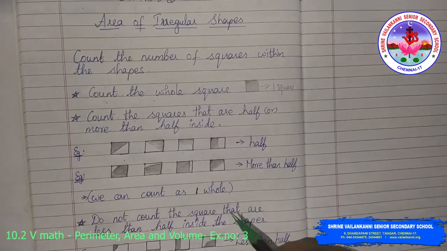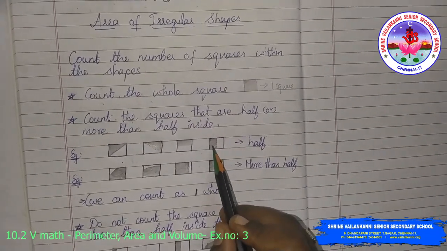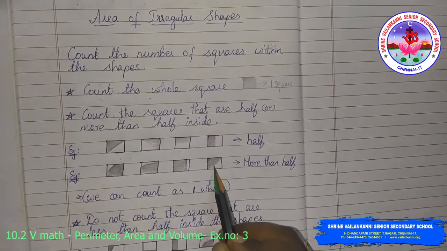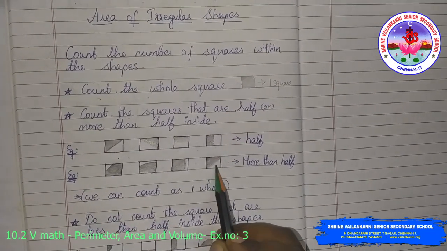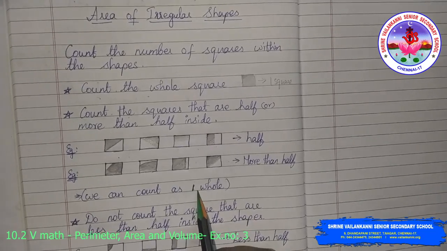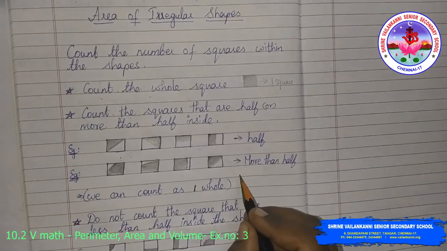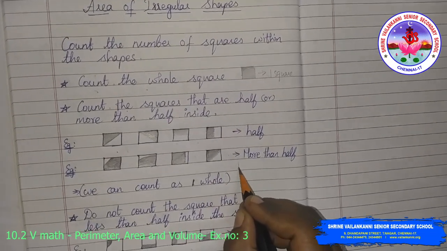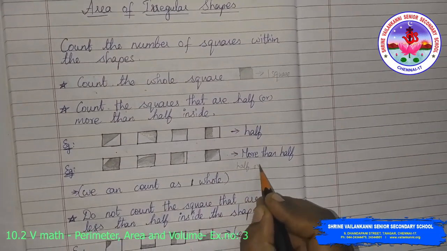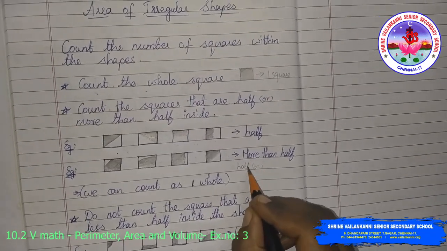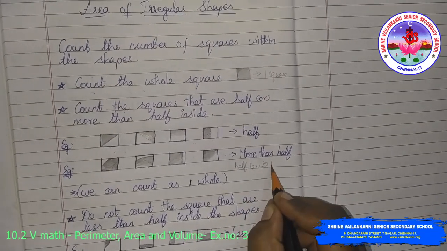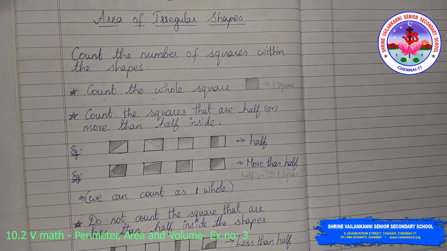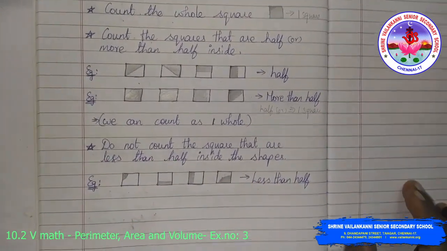So whenever a square is shaded half or more than half, you can consider that square as one whole square. That is the second rule.